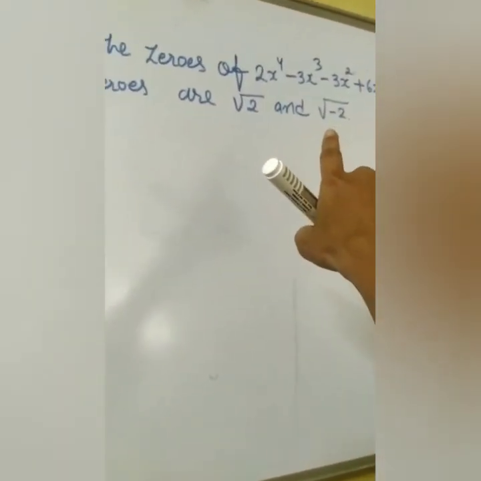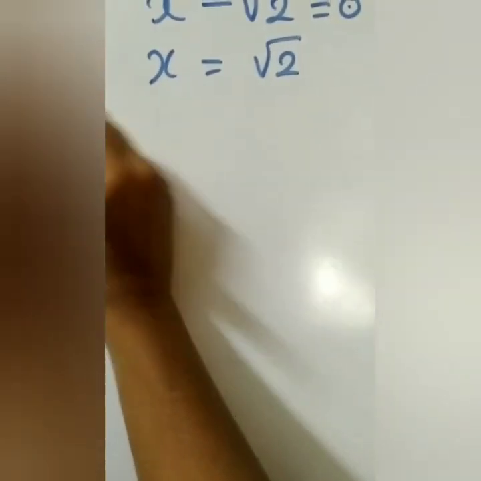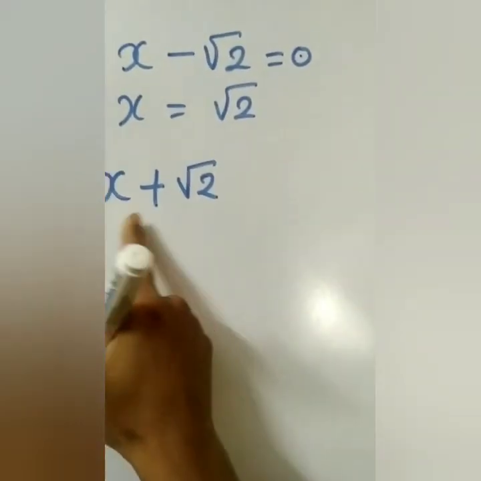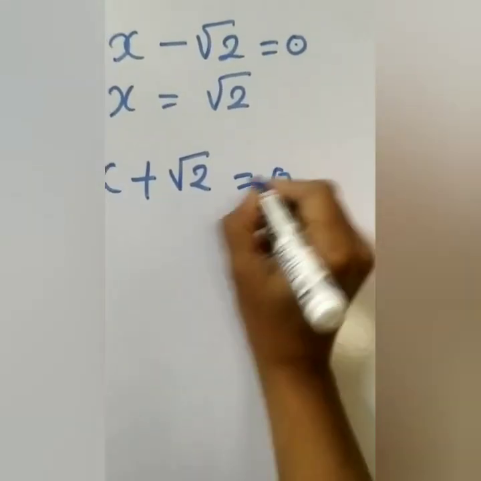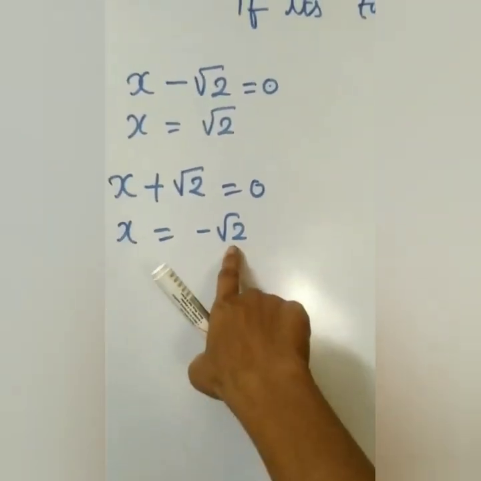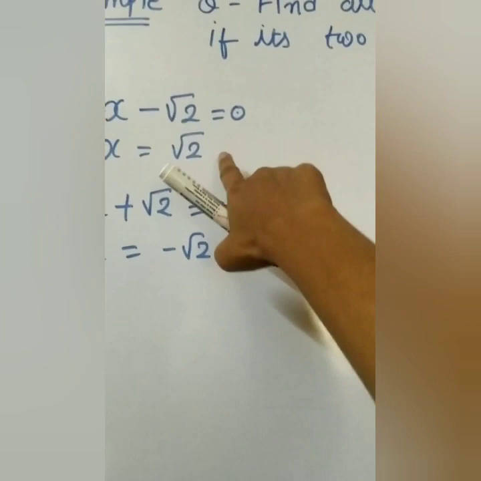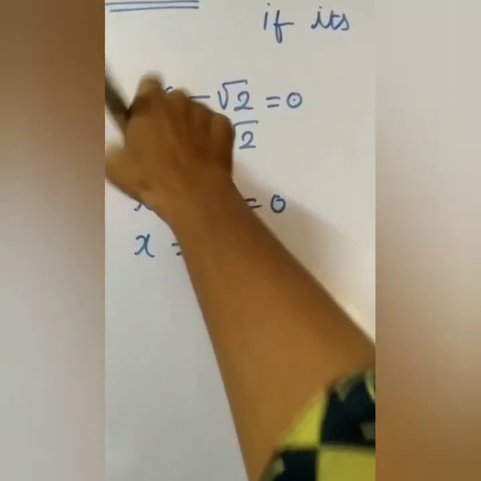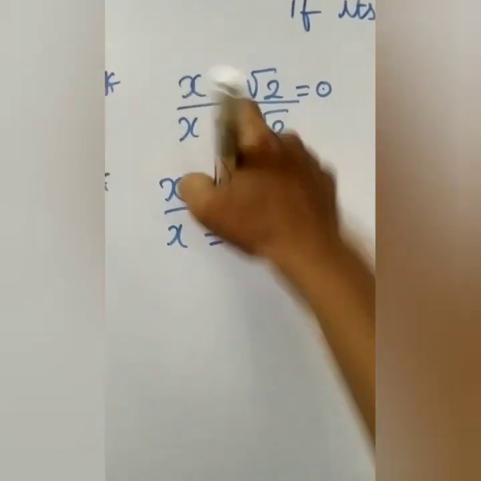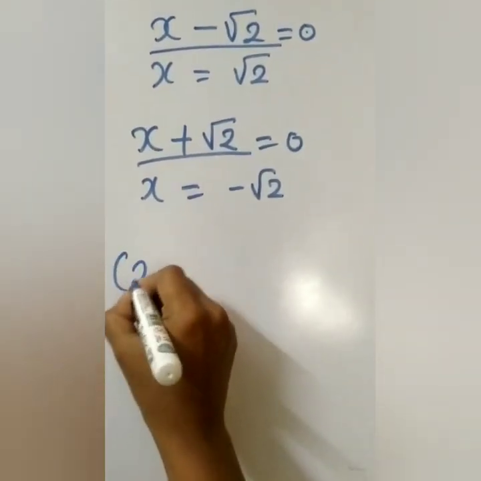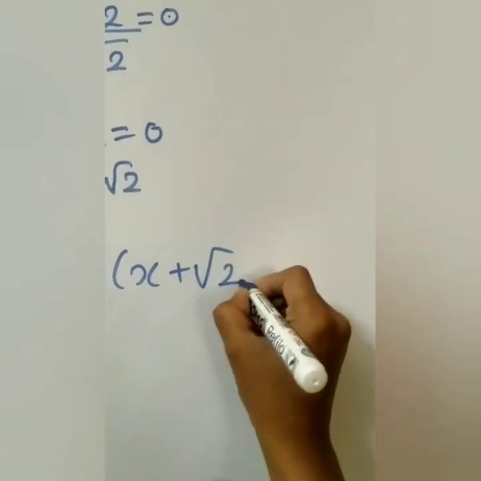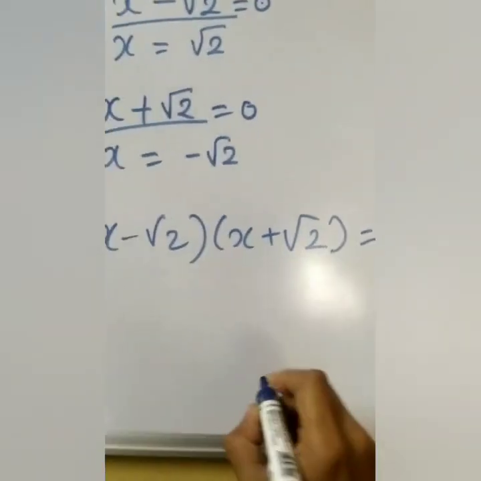And if you want minus under root 2, what you have to do is compare x plus under root 2 with 0, and at that time you get minus under root 2. This one and this one are given, and these are the factors. If we take these two things in brackets, x minus under root 2 and x plus under root 2, we compare it with 0.